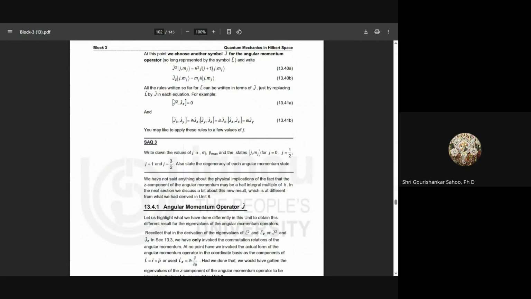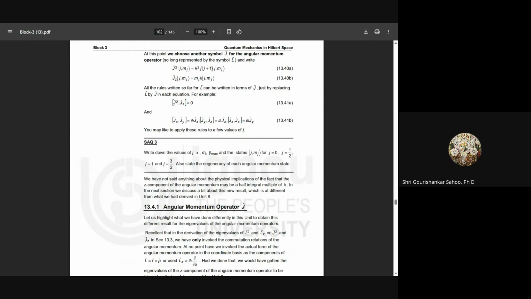So you can see here [Jx cap, Jy cap] is equal to i h cross Jz cap, [Jy cap, Jz cap] is equal to i h cross Jx cap, and [Jz cap, Jx cap] is equal to i h cross Jy cap. So you can see the brackets Jx cap Jy cap, Jy cap Jz cap, Jz cap Jx cap.